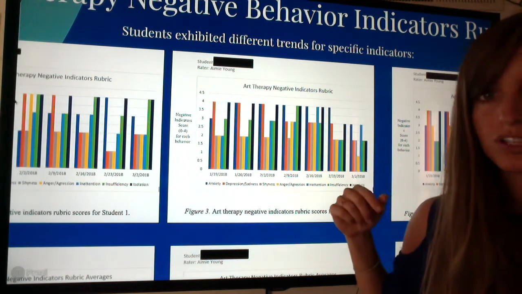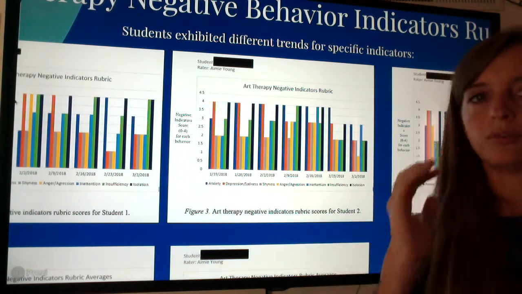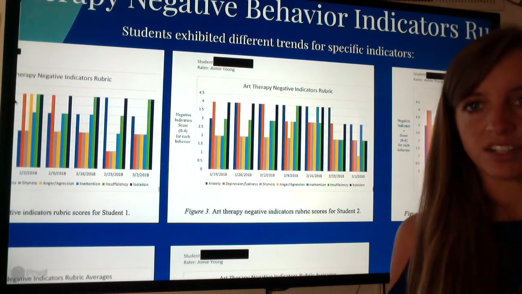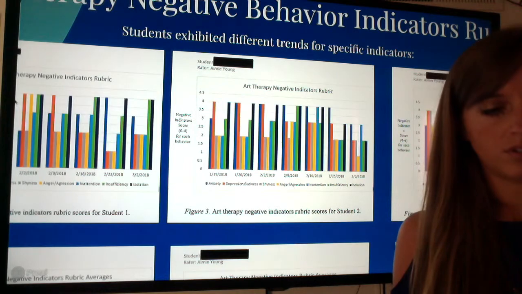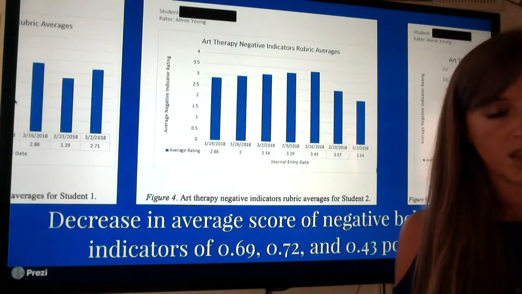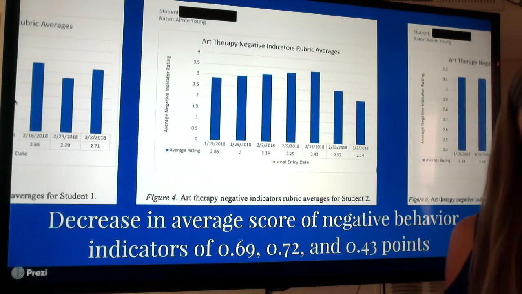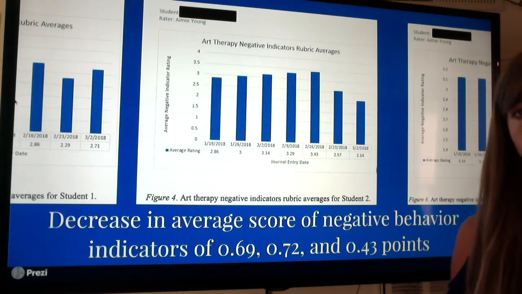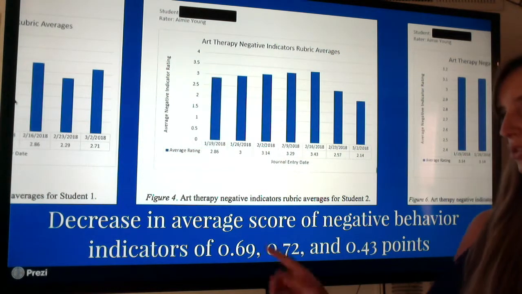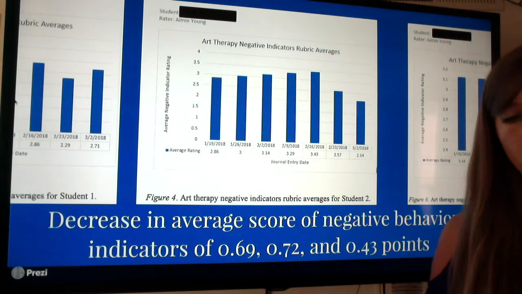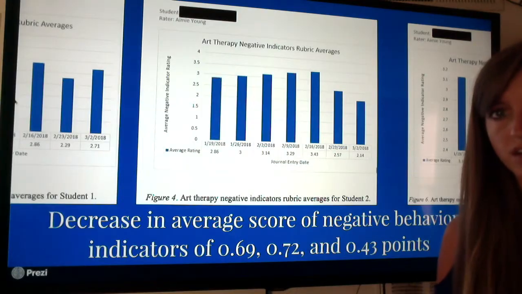Each of the students had different indicators that were remaining constant and different indicators that were becoming impacted by the intervention. There was a decrease in average score of negative behavior indicators of 0.69, 0.72, and 0.43 points respectively. Student 1, 2, and 3 each showed a decrease of those indicators in their art therapy prompts by the end of the study.